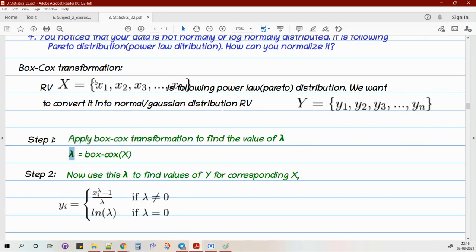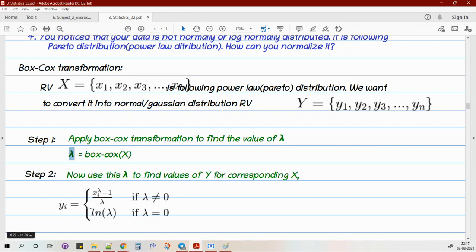If it is log normally distributed, as we yesterday discussed, and I guess Giri pointed it out, you will get lambda equal to 0, right?